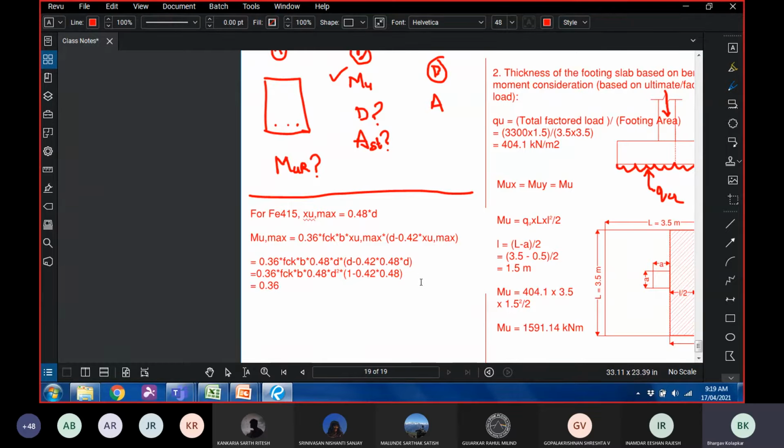So we can combine everything in one go. 0.36 into 1 minus 0.42 times 0.48, which is equal to this into 0.48. So it is equal to 0.138 into FCK into BD square.